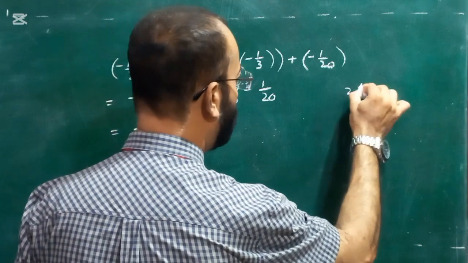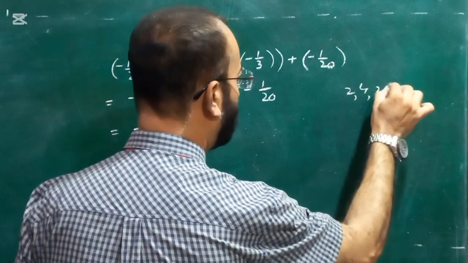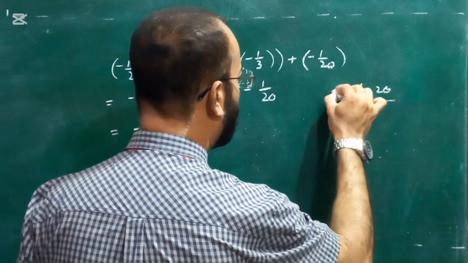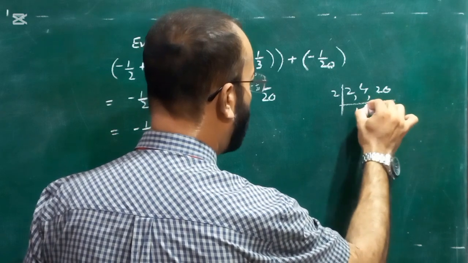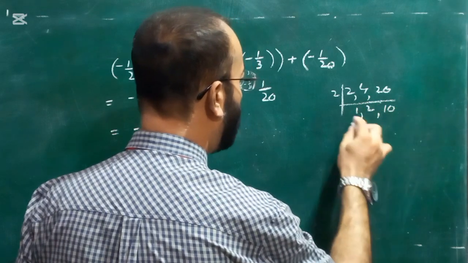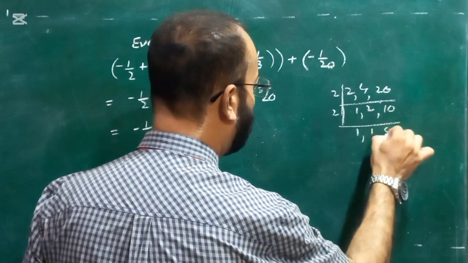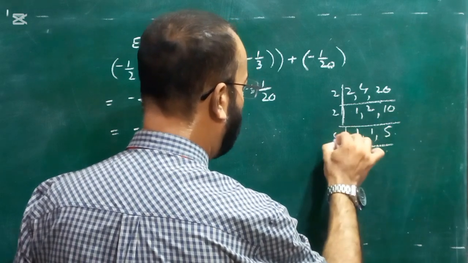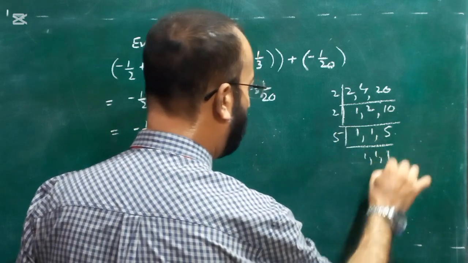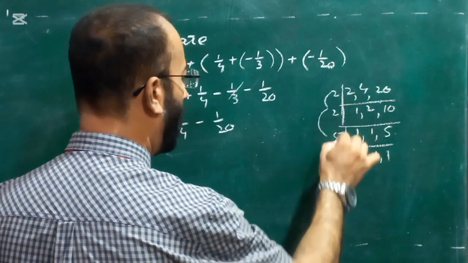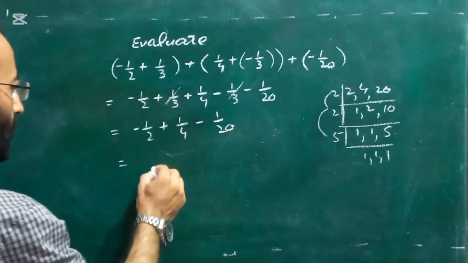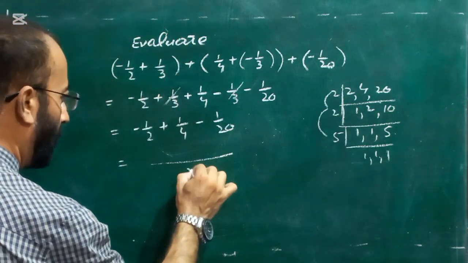Look now, 2, 4 and 20. So 2 ones are 2, 2 twos are 4 and 2 tens are 20. So 2 ones are 2, 2 fives are 10 and 5 ones are 5. So 2 twos are 4 and 4 fives are 20. So 20 is the LCM.